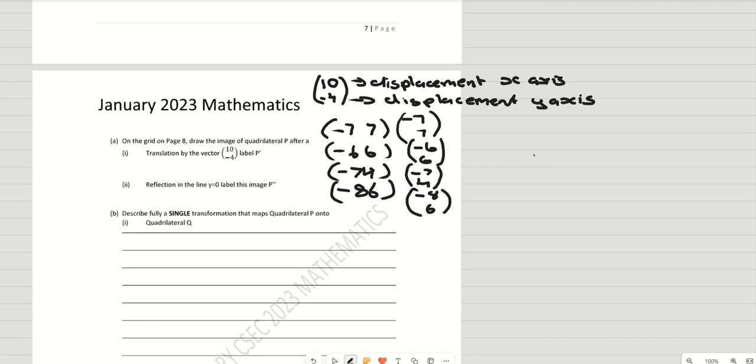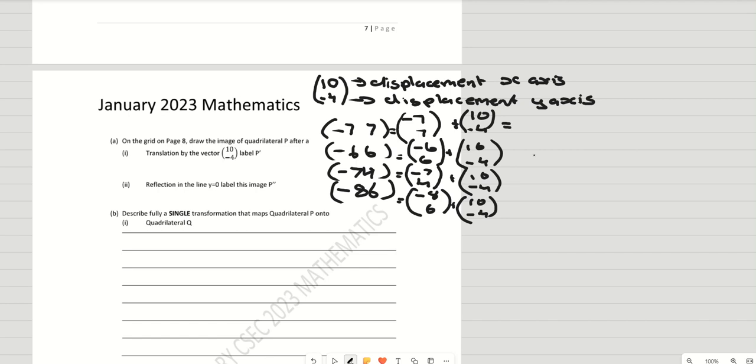And then, again, this is equal to this. You would add your translation. What is your translation? You're going to add 10, minus 4, 10, minus 4, 10, minus 4, and then 10, minus 4. You're adding it, right? Once you add these, you're going to get your image.